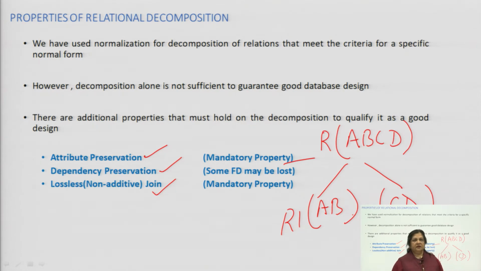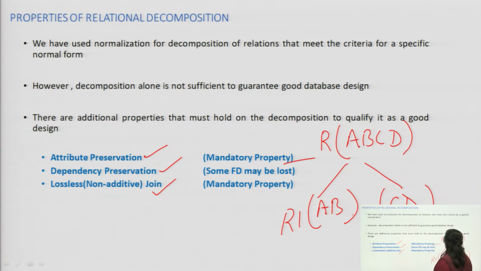Now, when we say that the dependency preservation property is not a mandatory property, why? Because when we are performing the decompositions, some of the dependencies may be lost, but when we do the join of these decompositions, we will get those dependencies back, or we may be able to derive those dependencies from some other dependencies.